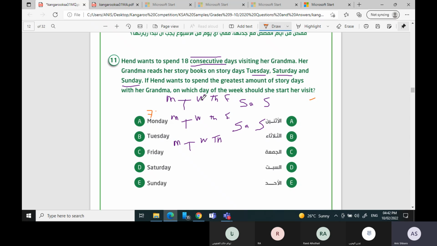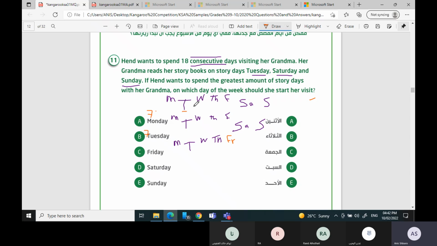Okay, let's try it for Tuesday. If she came on Tuesday, she will leave on Friday. We missed a day here, so we're going to add a day to get 18. So the same number, 1, 2, 3, 4, 5, 6, 7. So if she came on Tuesday, she will have 7 stories.